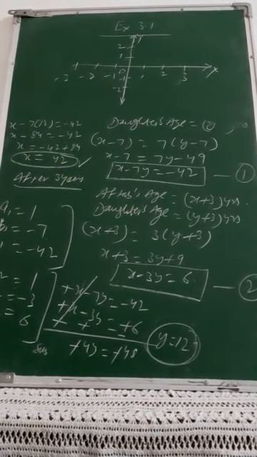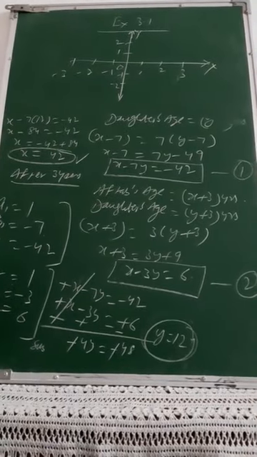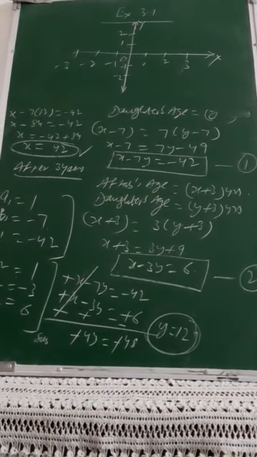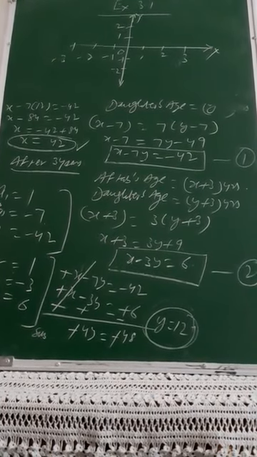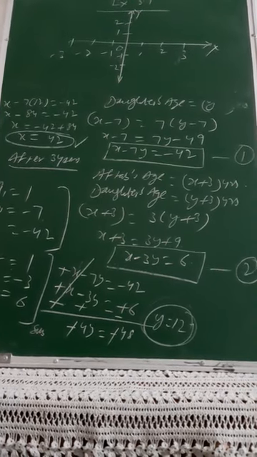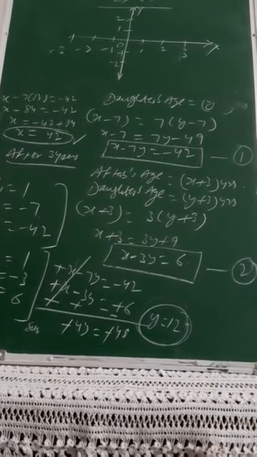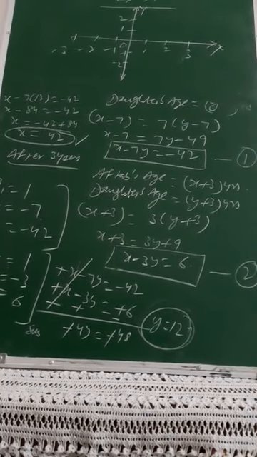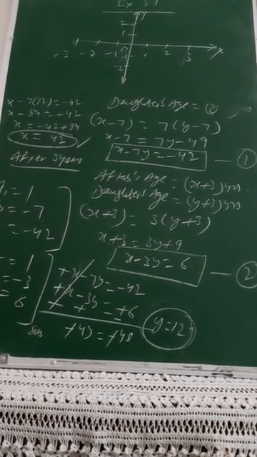But if I calibrate my scale in terms of 1, 2 and 3, do you think that the lines are going to show that point of intersection in that manner? Absolutely no, not at all. Why? Because 42 is not part of your scale anywhere along the x-axis, and 12 I am not showing anywhere along the y-axis.